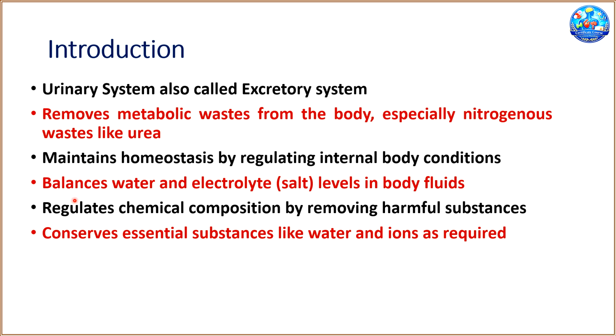It balances water as well as electrolyte levels in the body fluids. It regulates the chemical composition of the body by removing harmful or toxic substances. It conserves all the essential substances, right from water to ions, which are required by the body according to the conditions.